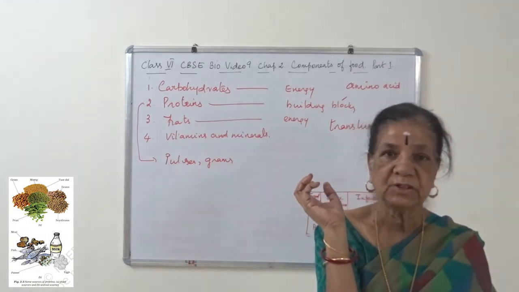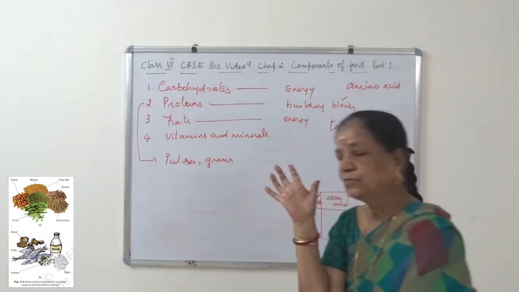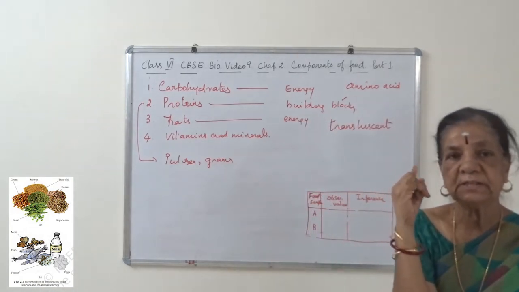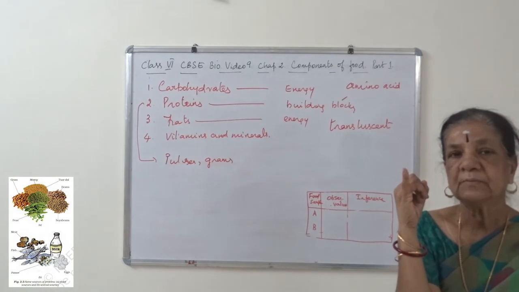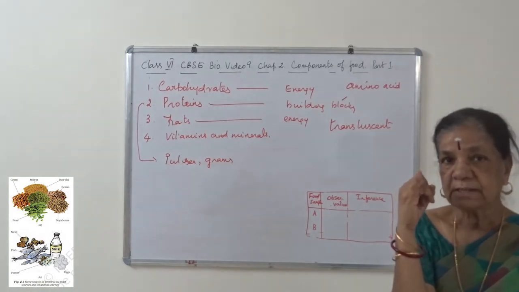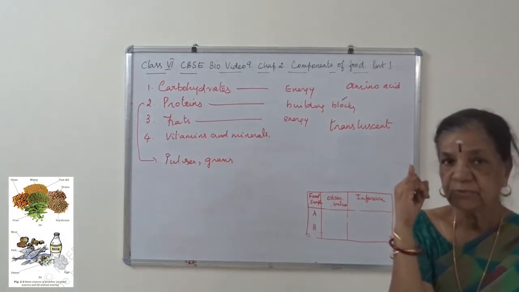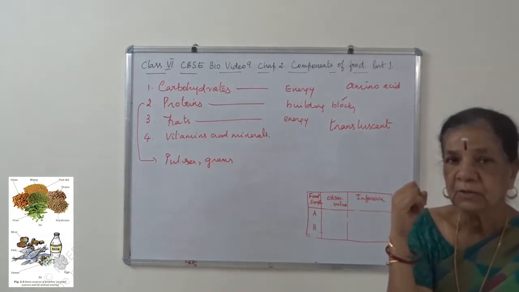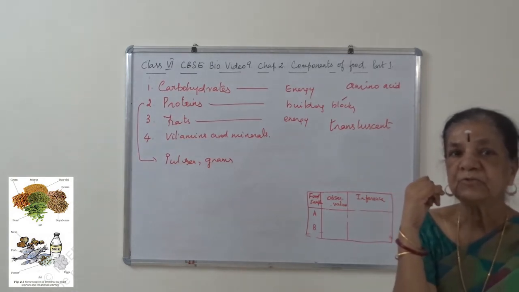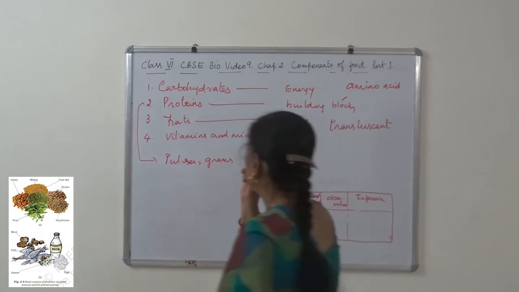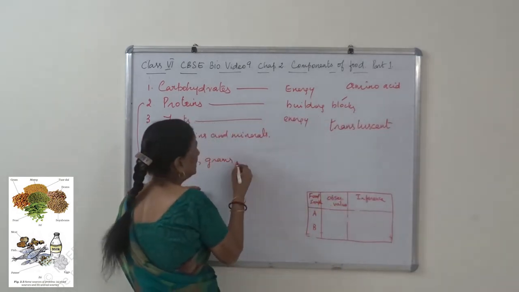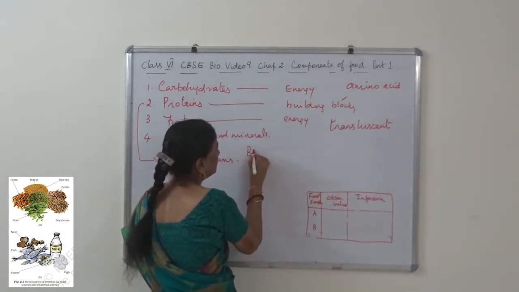I hope you understand. Now we have learned the starch iodine test for identifying carbohydrate and the test for fat, and now we are going to do the test for protein. The test for protein is called the Biuret test.